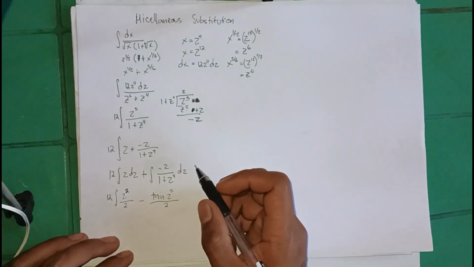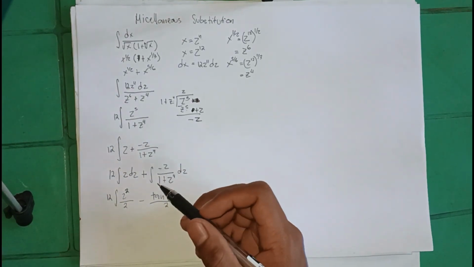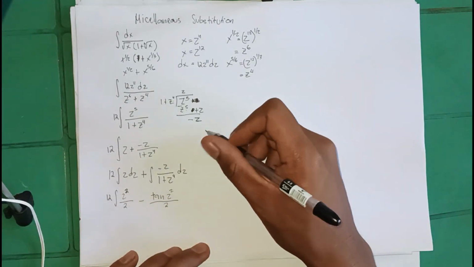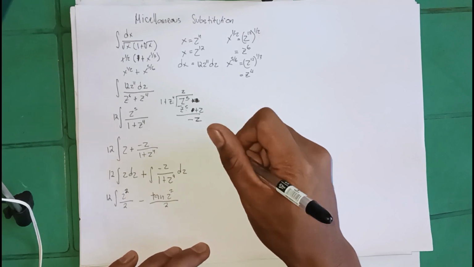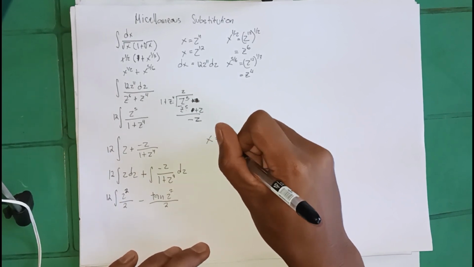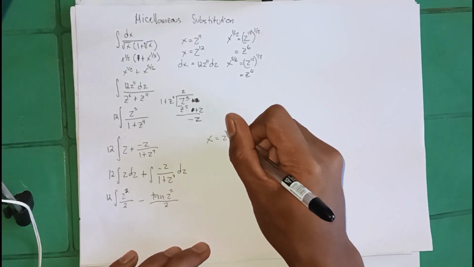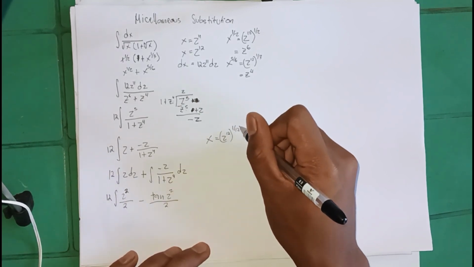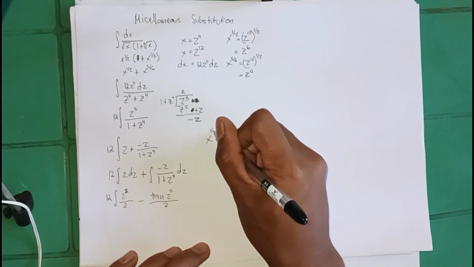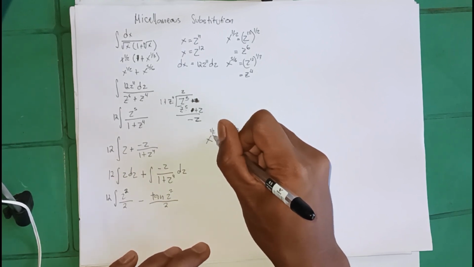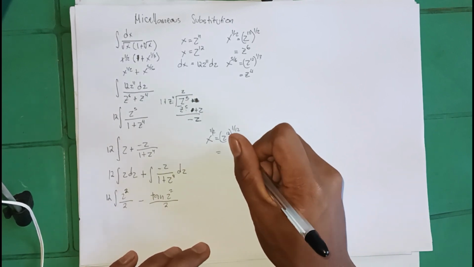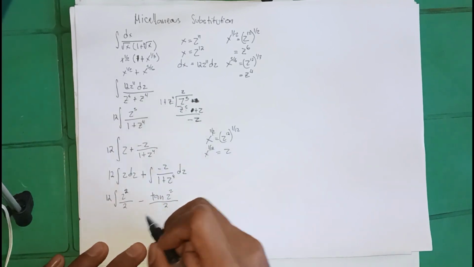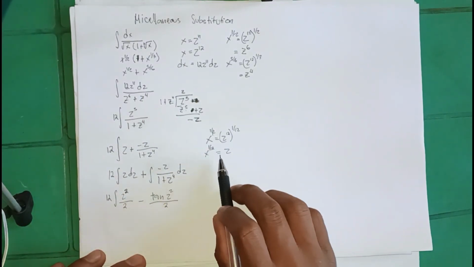So we can now substitute z in terms of x. So to find it, we now have x is equal to z to the 12. So all we need to do is multiply it by 1 over 12. Also here, 1 over 12 in x. So we can now have z is equal to x to the 1 over 12. So replace z in terms of x.